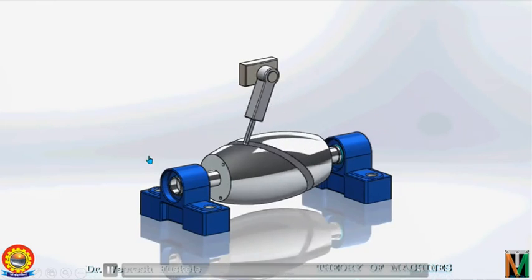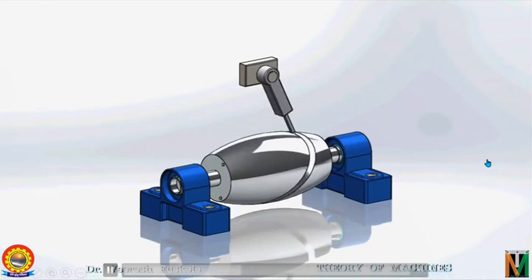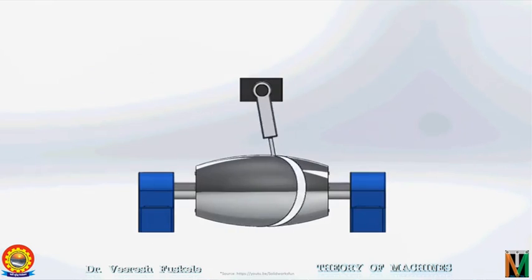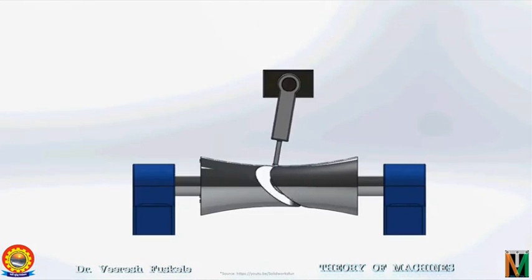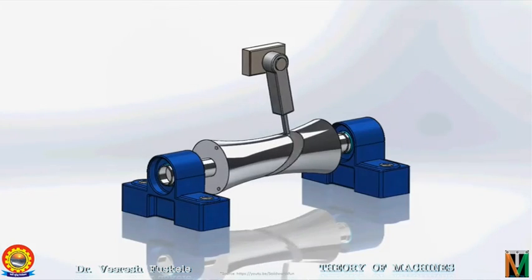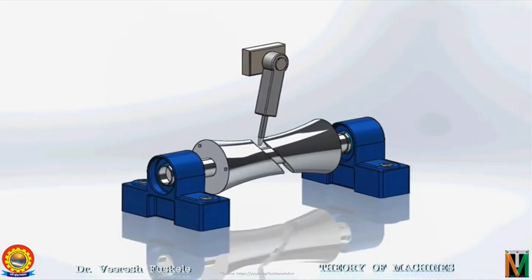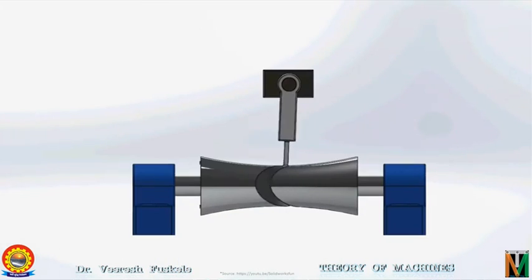So this is a convex surface on which a contour is cut and the follower is having the oscillating motion. Similarly, this is the concave cam in which the contour is cut and again the follower is having an oscillating motion.